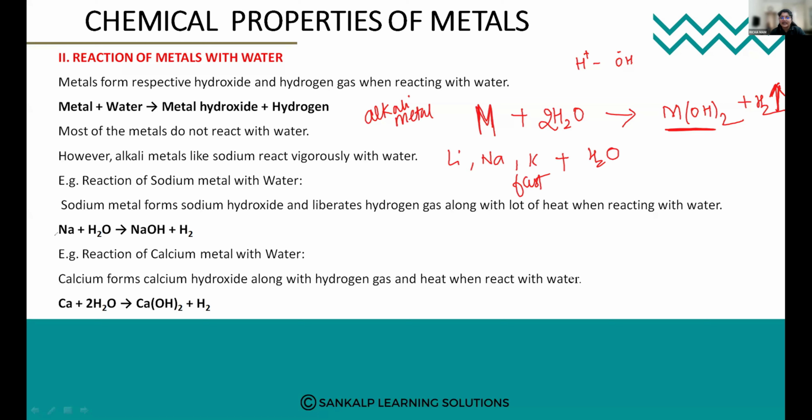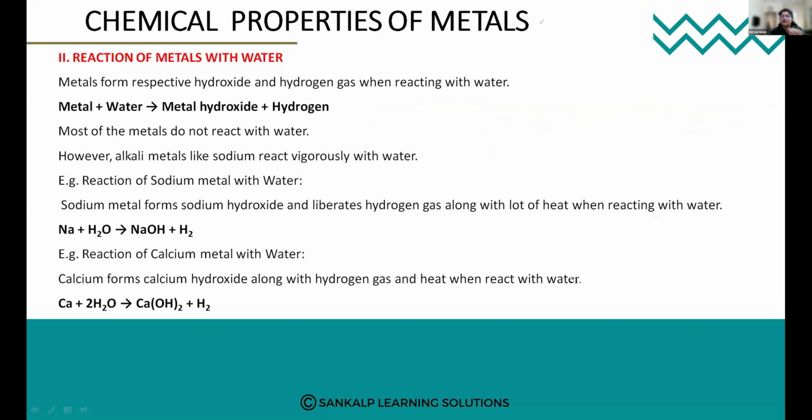Let us see the reaction. Most of the metals will not react with water, but a few alkali metals like sodium will react vigorously with water. So let us see the reaction with sodium. Sodium is a metal, and it reacts with the water.